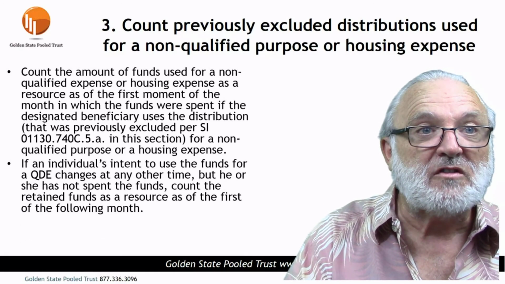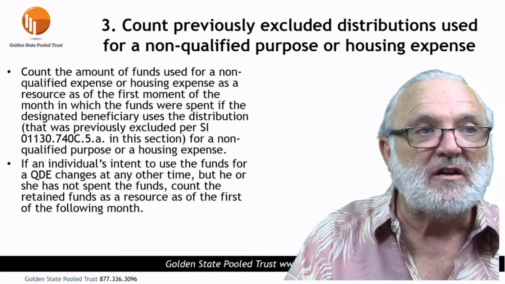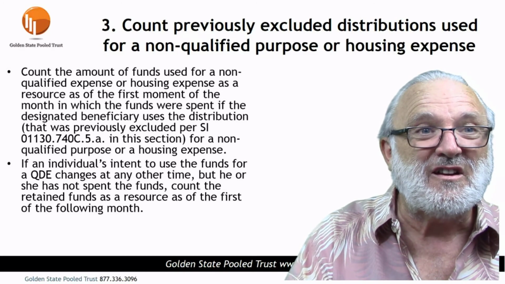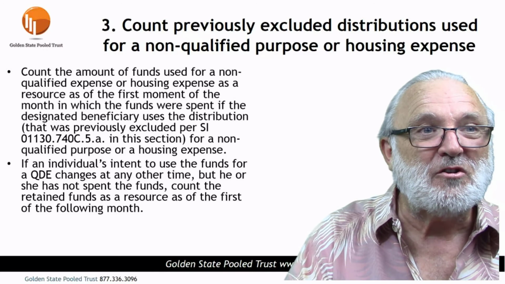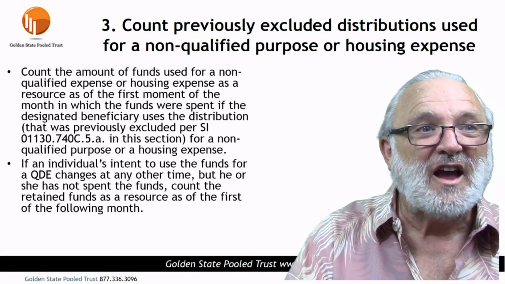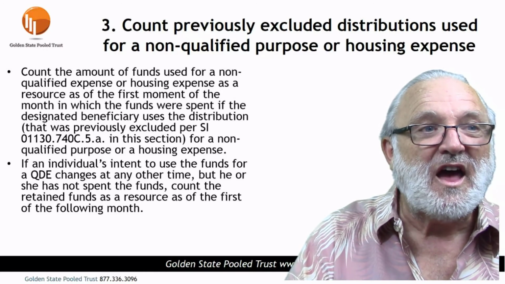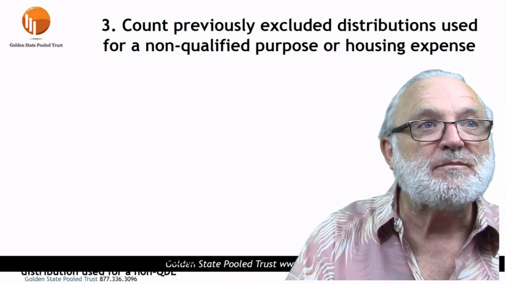If an individual's intent to use the funds for a qualified disability expense changes at any other time, but he or she has not spent the funds, count the retained funds as a resource as of the first of the following month.